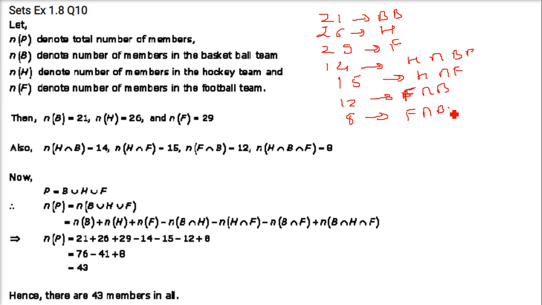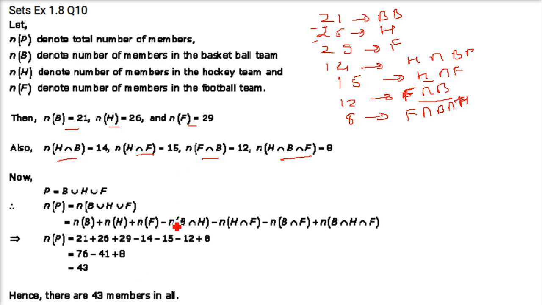So 8 is F intersection B intersection H. So we have H intersection B, H intersection F, F intersection B, and F intersection B intersection H. NB, NH, NF are also known.